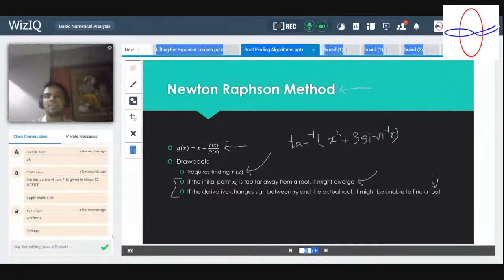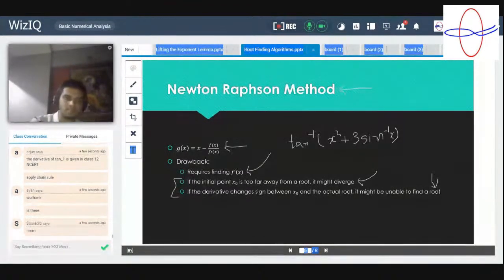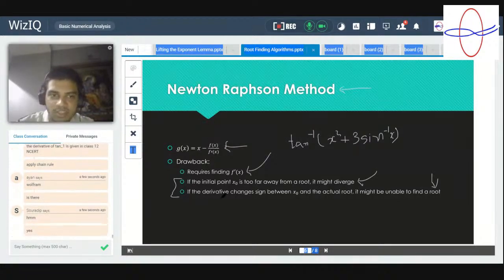So the idea behind all of these methods generally is to find the root as quickly as possible, that is, with as little compute as possible, and this adds an unnecessarily large amount of compute, right? And again, as I mentioned, if the function is not differentiable at all points, then that is something that you will have to keep checking, that it's still differentiable at the point that you're interested in.